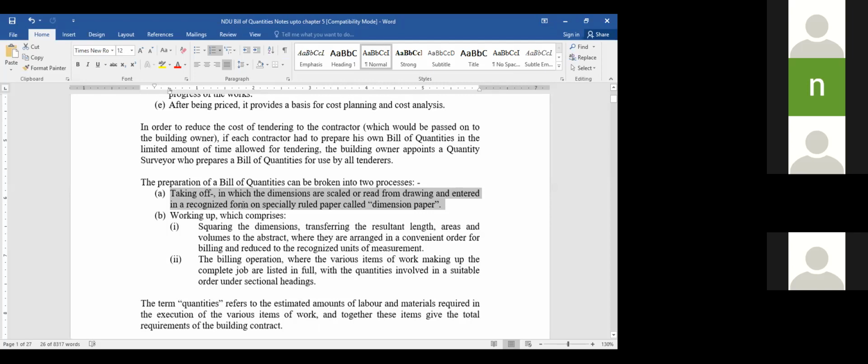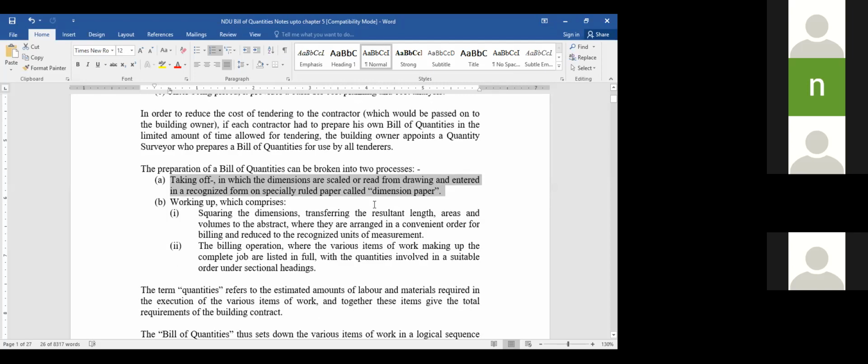Then we have the second part, which is working up, which involves squaring the dimensions. Still this, we shall see. Transferring the resultant lengths, areas, and volumes to the abstract where they are arranged in a convenient order for building and reduced to the recognized units of measurement.